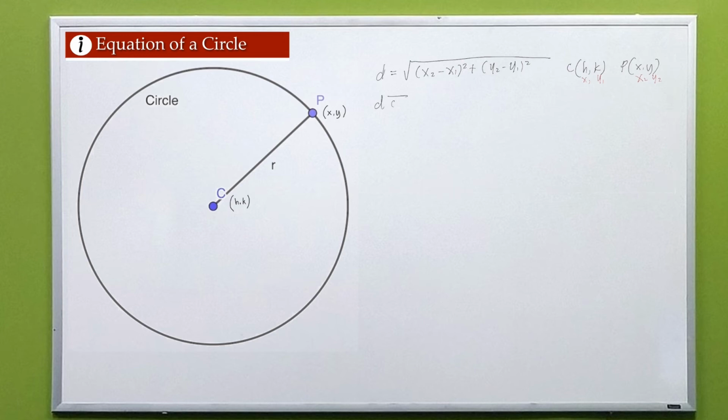To get the distance between the line segment CP, we simply substitute the values to the given formula. Remember that line segment CP is our radius, thus, we can simply make use of r.